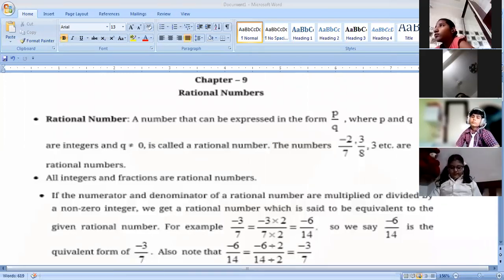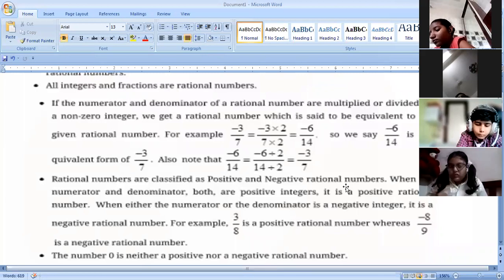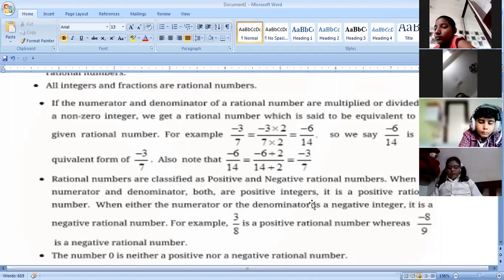Next thing is, rational numbers are classified as positive and negative rational numbers, which I have already explained on the number line. When the numerator and denominator both are positive integers, then it will be a positive rational number. When either the numerator or the denominator is negative, then it will be a negative rational number.